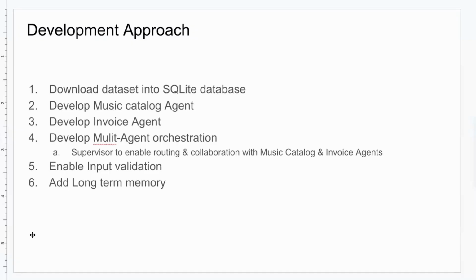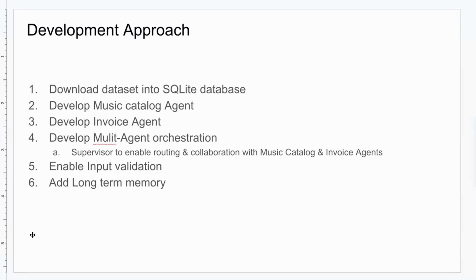Once we download that into the notebook, the first thing we are going to develop is a multi-agent system. As a developer, we decided that we are going to have two different agents. The music catalog agent's role and responsibility is to answer any questions related to the catalog: given the song, who is the artist; given the artist, what are the songs.